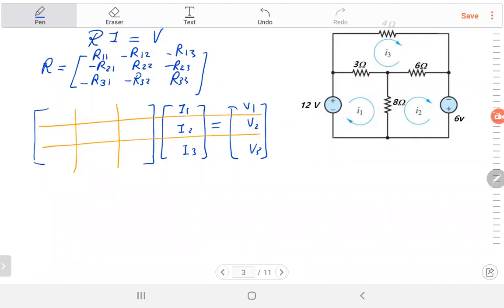The total will be 11. So R11 is equal to 11. Let's look for R12. R12 is the mutual resistance between mesh 1 and mesh 2. The common or mutual resistance is equal to 8 ohm. So I put negative 8 ohm.